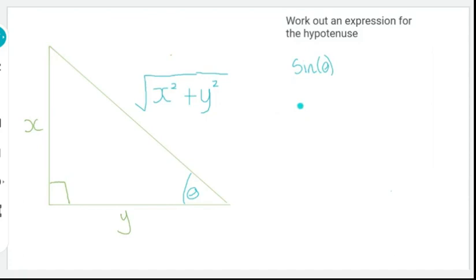Can we work out an expression for cos theta? And for tan theta? And for sine theta squared plus cos theta squared? This is like pushing people now. An expression for all of those things.